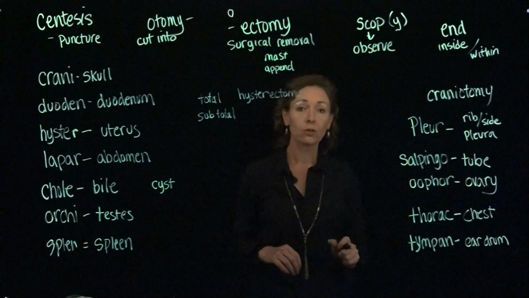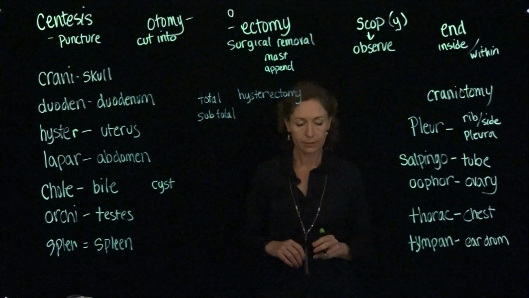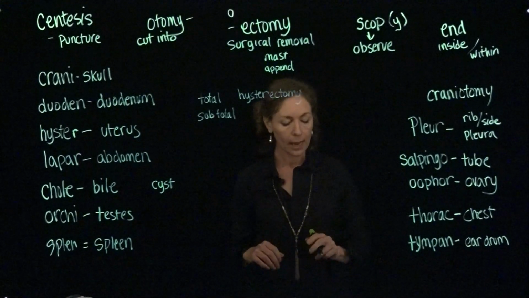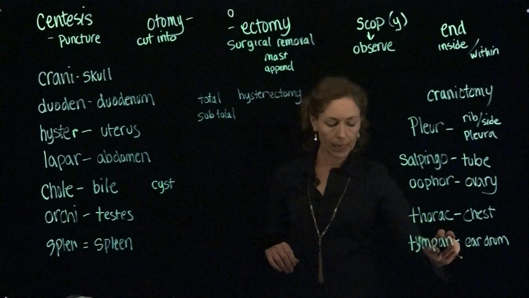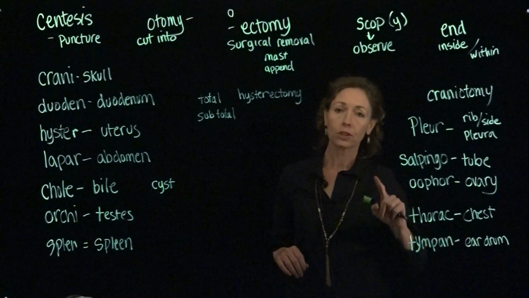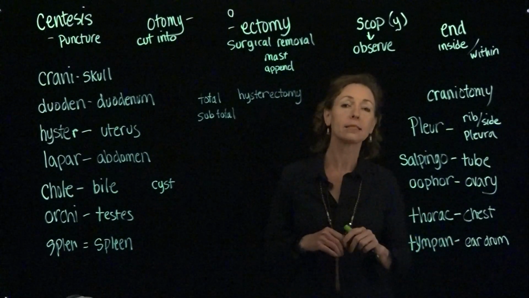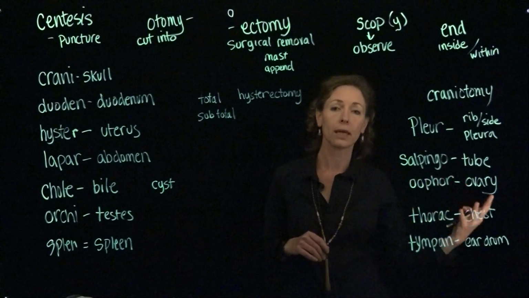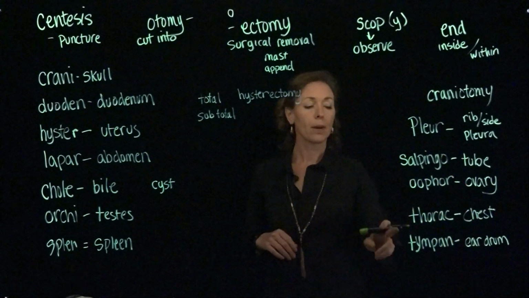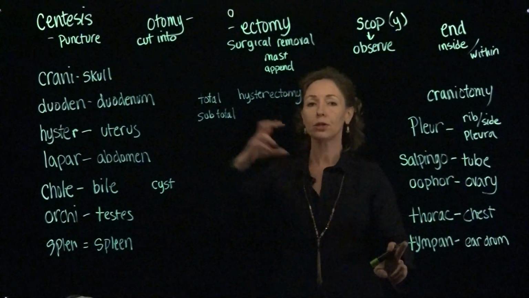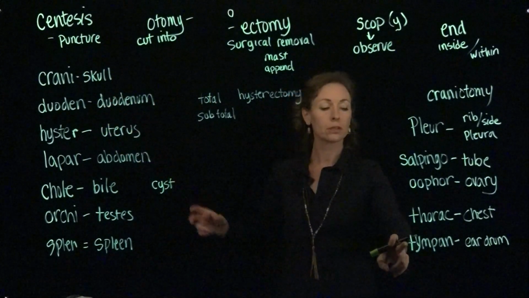If you've had a child who had tubes in their ears, they underwent a tympanostomy. And I want you to hear that word ostomy because we're going to go into it at a later lesson. But remember how I always want you to refer back to earlier words.